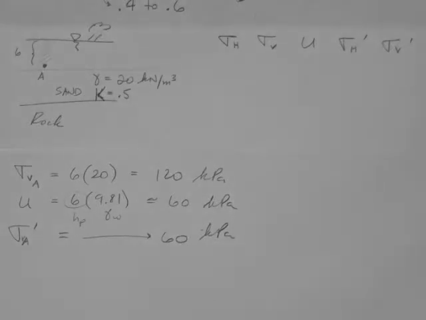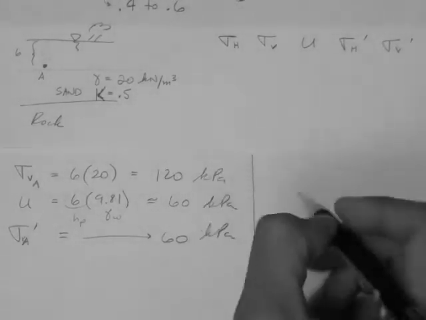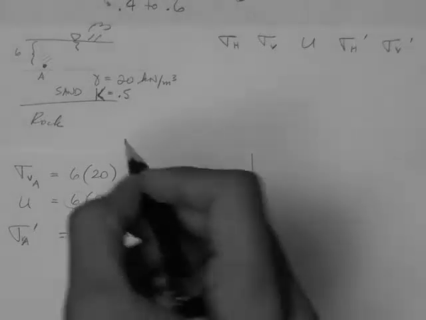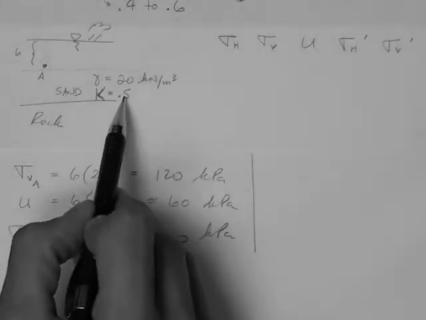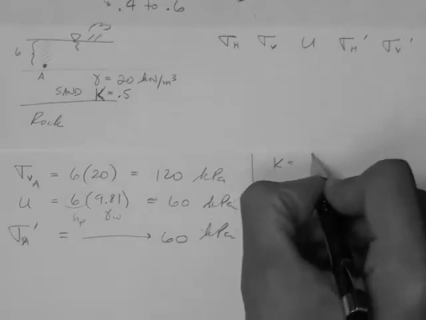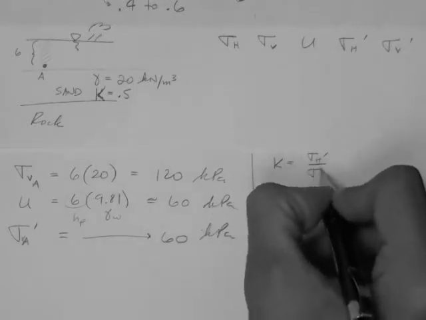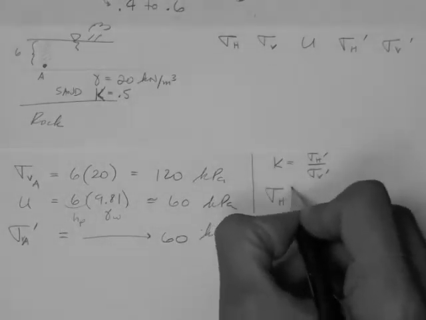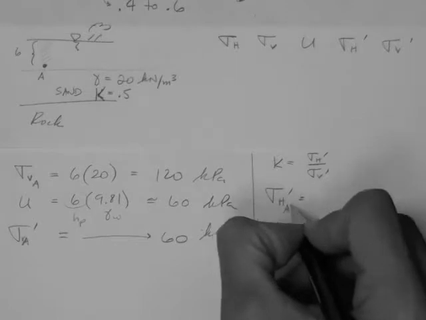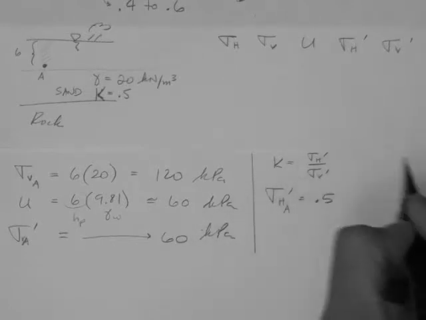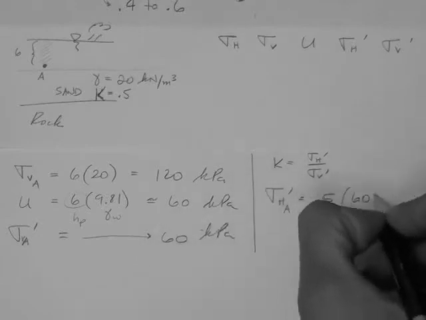Now, let's do the horizontal stresses over here. We are given that K is 0.5. We know that K is equal to sigma H prime over sigma V prime. That's the definition. So sigma H prime at point A is 0.5, which is K, times sigma V prime, and sigma V prime is 60.